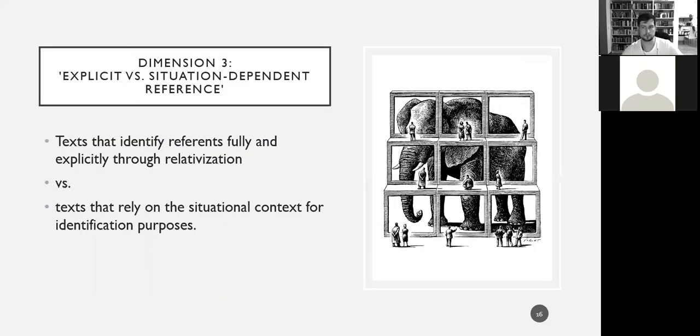Then the third dimension, explicit versus situation dependent reference. So it contrasts texts that identify references fully and explicitly through relativization on the one hand, and texts that rely on situational context for identification purposes on the other.